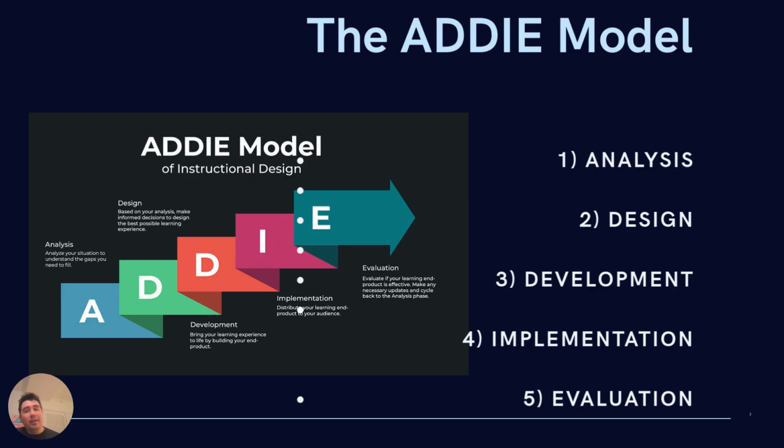It is iterative and flexible, and each phase is really good at informing the next phase. For its usage, it's widely used in a lot of corporate, academic, and online learning environments. It ensures systematic planning and continuous improvement.